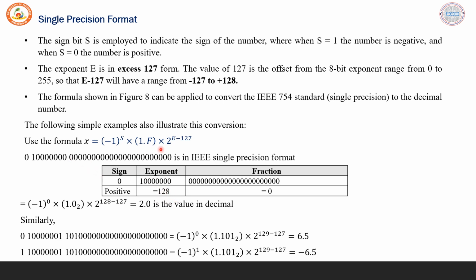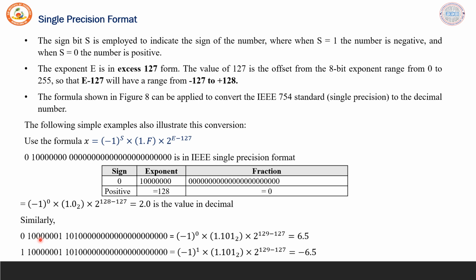The remaining bits contributing to the fraction part are equivalent to 0. Hence, the number will be -1 raised to the sign bit 0, multiplied by 1, which is the implicit whole number part, plus 0.0, which is the fractional part, times 2 raised to 128, the exponent that we got, minus 127, which results in the answer 2.0.